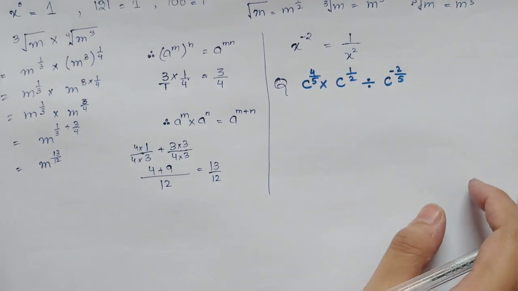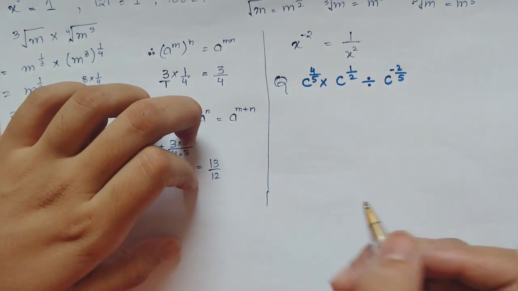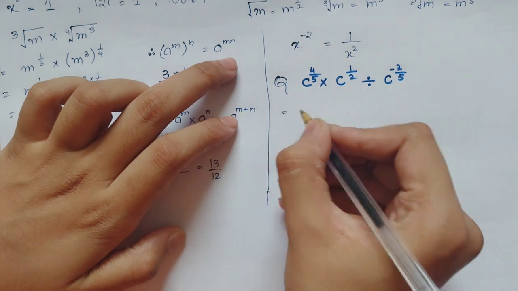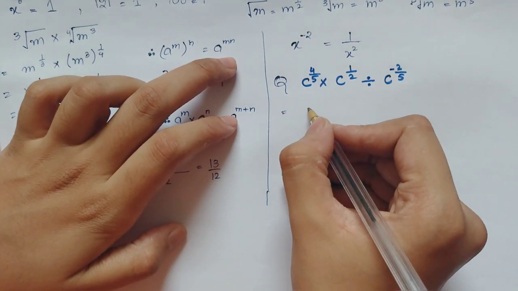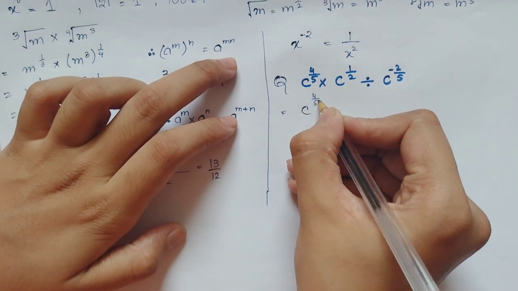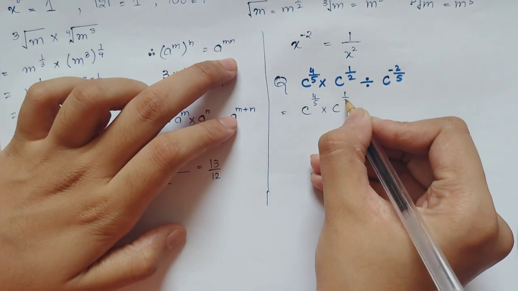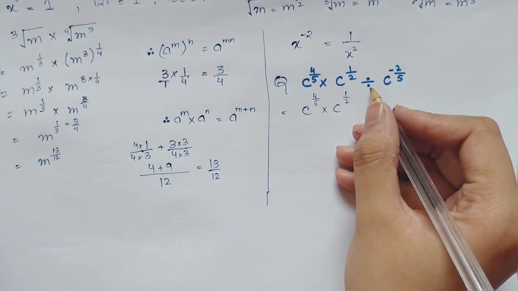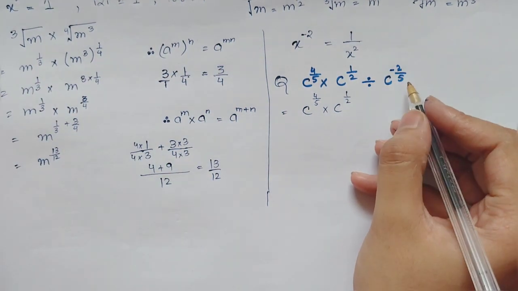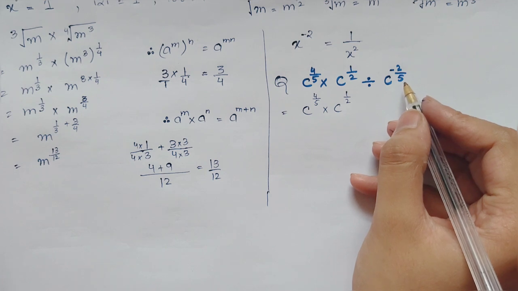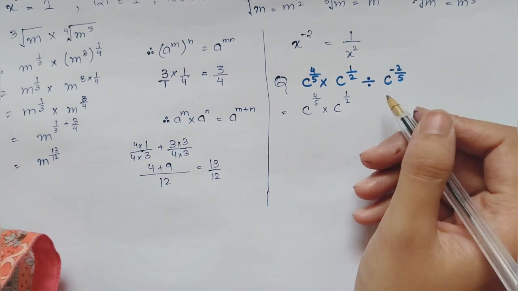Let's see another question. You have to just simplify it. We have c power 4 by 5 multiplied by c power 1 by 2, divided by c power minus 2 by 5. What will we do?